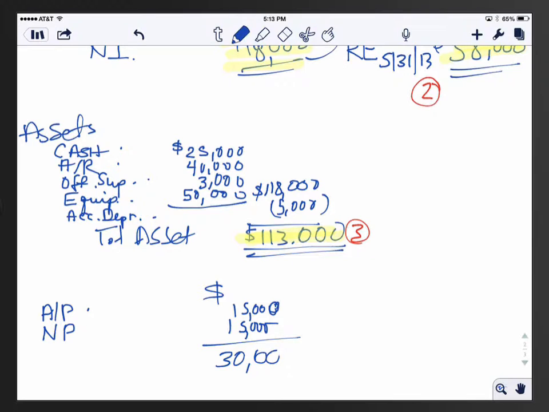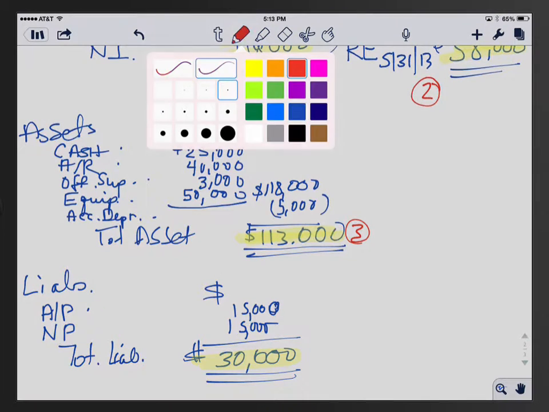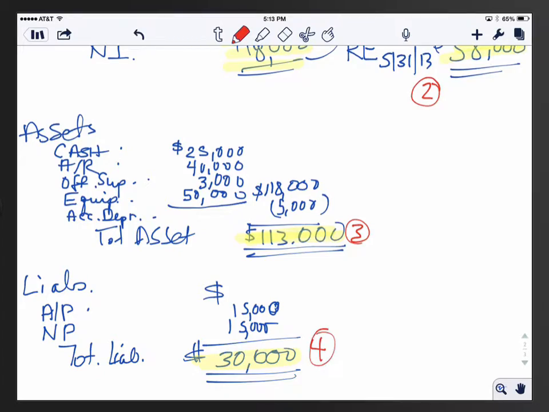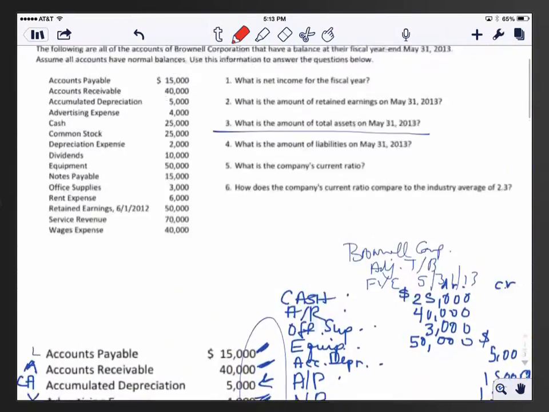It's very easy. And we get 30,000. So these are our liabilities. Total liabilities, 30,000. And I'm going to label it so you can find it here in the midst of my chicken scratch.